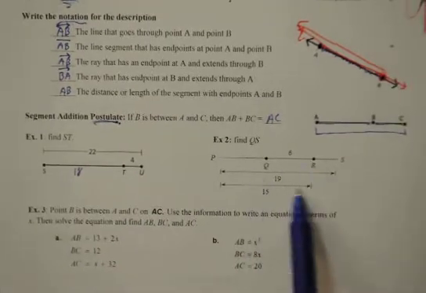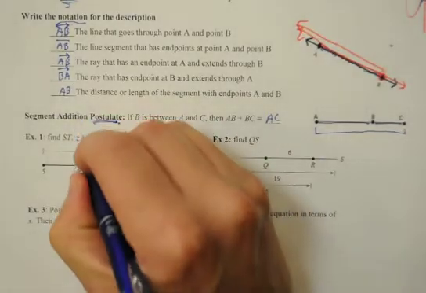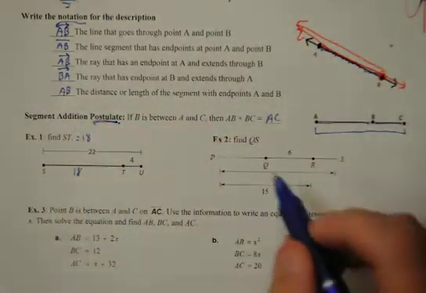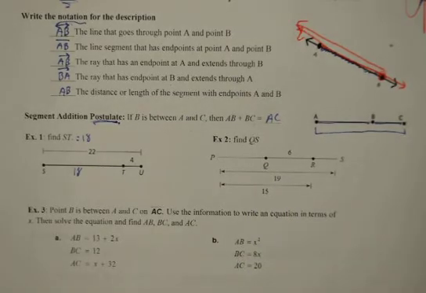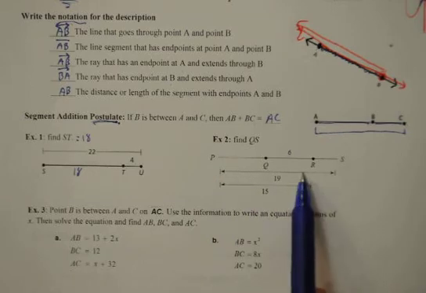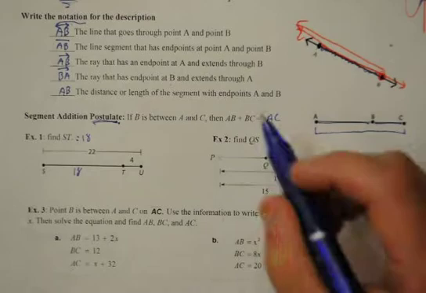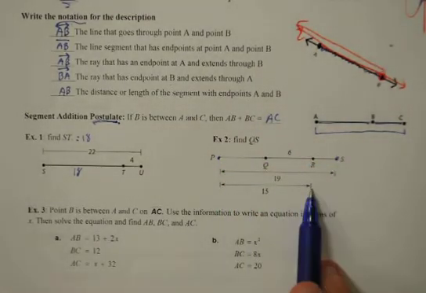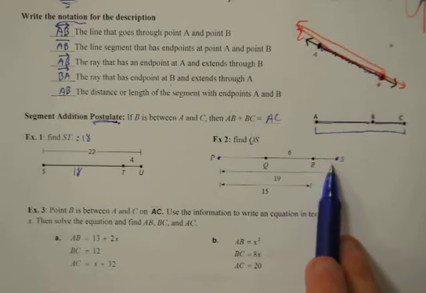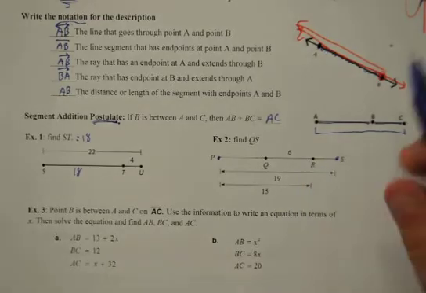This one's a little bit more difficult. By the way, the answer was 18 there. Now we're looking for QS. So find the length from Q to S. Well, what do you think? Pause and figure it out. If this is 19 from P to S, and this is 15 from P to R, I would say that this piece here must be 4.